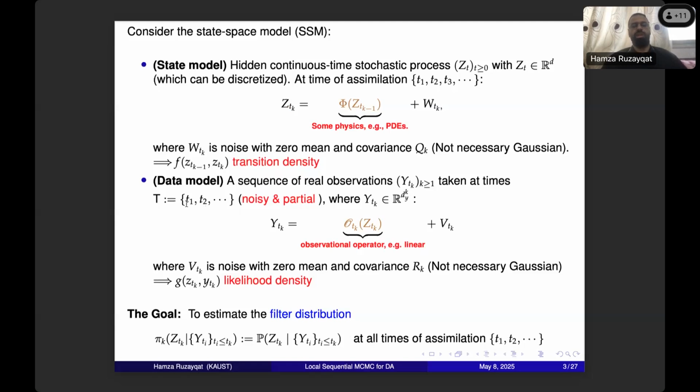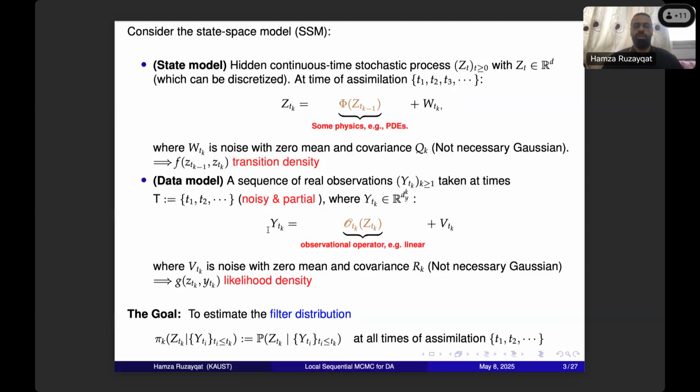The second component of a state space model is the data model. So a sequence of real observations, Y_{t_k}, coming from some observers at times t_1, t_2, etc. Y_{t_k} belongs to R^{d_{Y_k}}, and here k indicates that at some times the size of Y could be different from previous times. So this allows for a time-dependent algorithm.